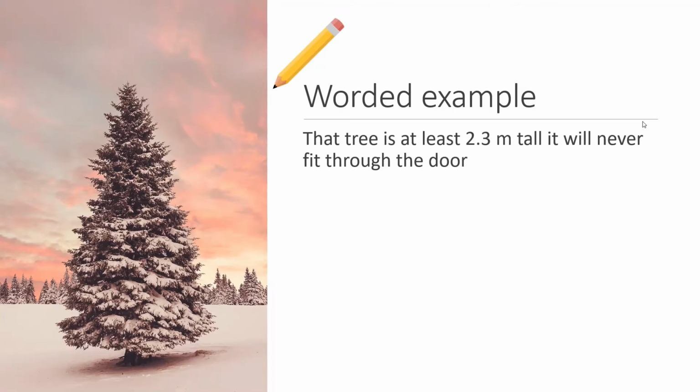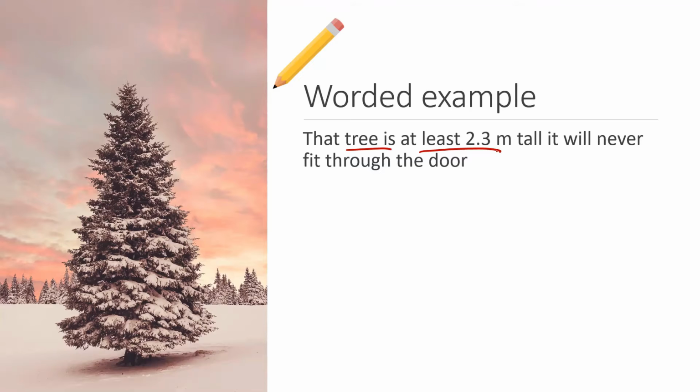Let's do this. The tree is at least 2.3 meters tall. It will never fit through the door. How do we write this down? Well, the trick here is that the tree is at least. Firstly, let's talk about this. The tree is at least 2.3 meters tall.